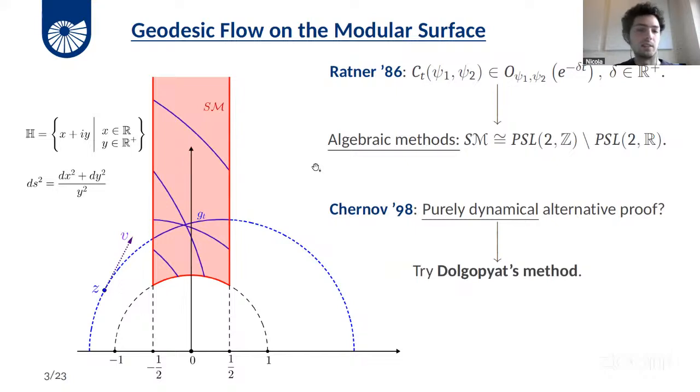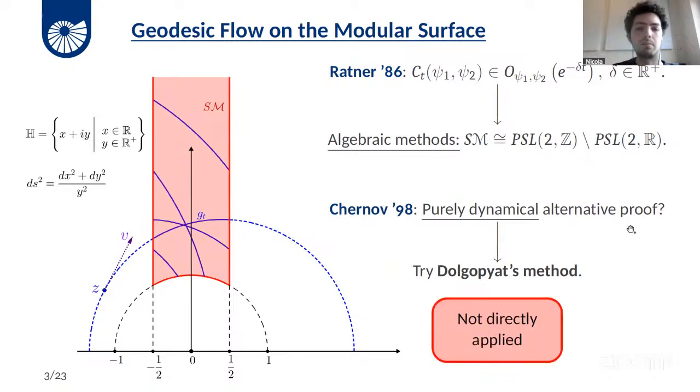Dolgopyat extended Chernov's ideas and set up a method for proving exponential decay of correlations for a certain class of Anosov flows. Why should we bother? Well, the method cannot be directly applied because, as Paulo told us, the method requires a compact phase space, while here the modular surface is not compact. But in this work, we managed to work around this obstruction and find an alternative proof of this fact, adjusting the method by Dolgopyat.